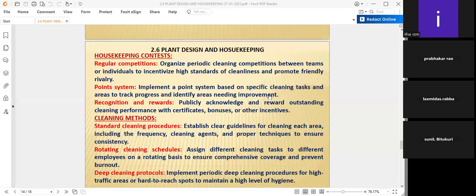Suppose the area is being cleaned and the disposal bin is nearby. But if, once the cleaning is over, they take all the waste and travel 2 kilometers to dump it, it creates unnecessary spillages. The point system will be maintained.